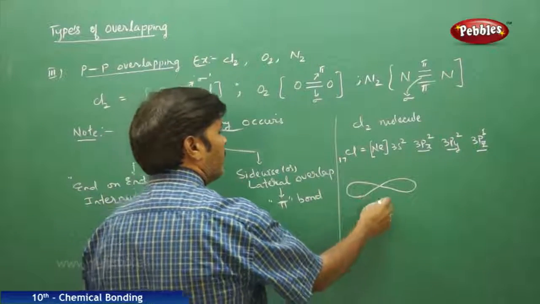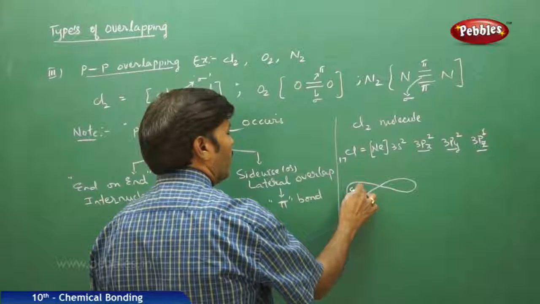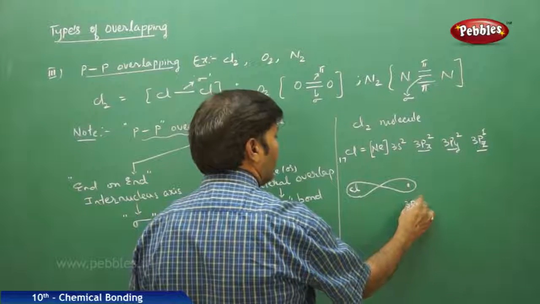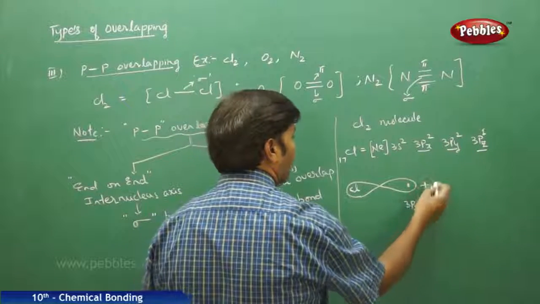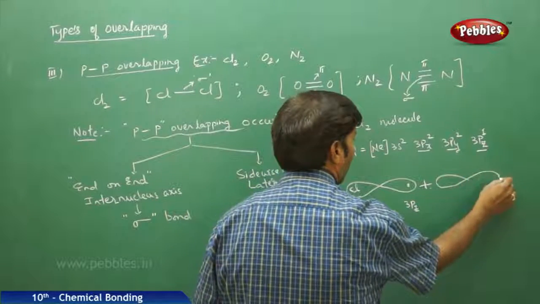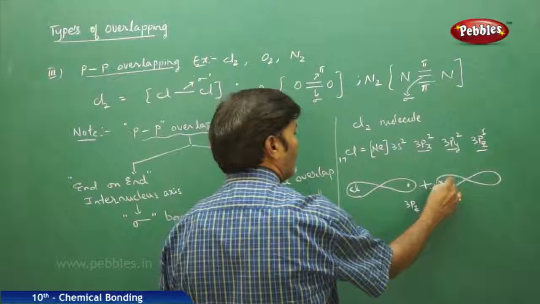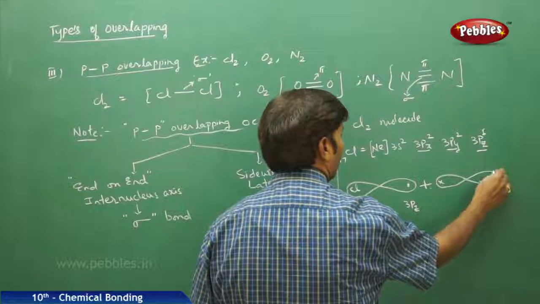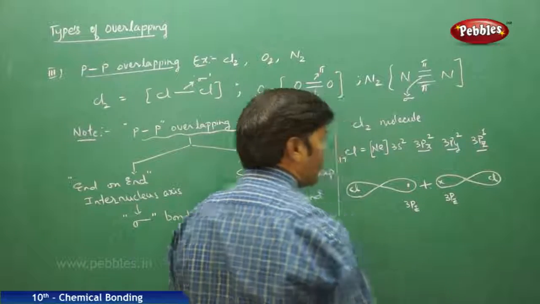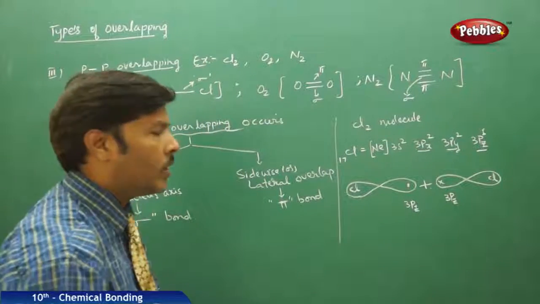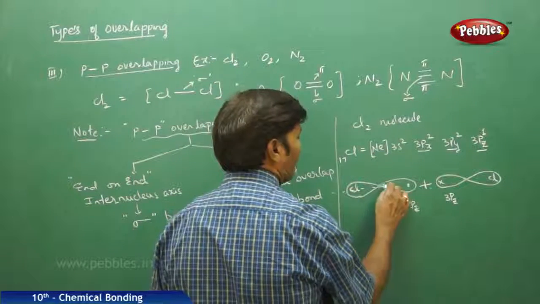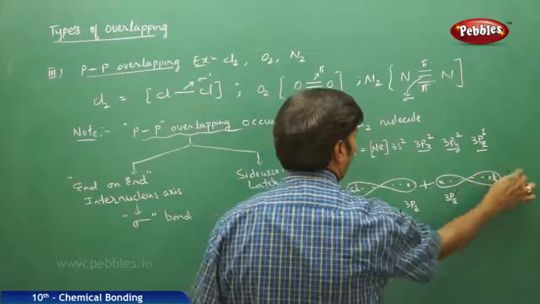So this is the first chlorine in a dumbbell shaped structure with its electron, and overlapping takes place. I take the 3pz atomic orbital of the second chlorine also with its unpaired electron. Both of them try to overlap. This is end on end overlapping. It is very clearly understood that the overlapping taking place is end on end overlapping.